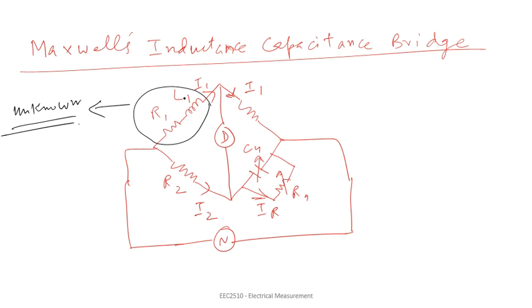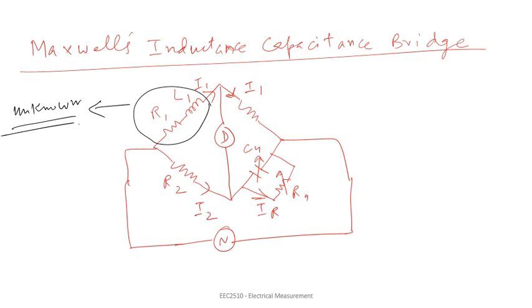Although R1 and L1 have been shown separately, when we connect the practical circuit we will use a single coil between these two points, and that coil will contain the inductance as well as resistance.